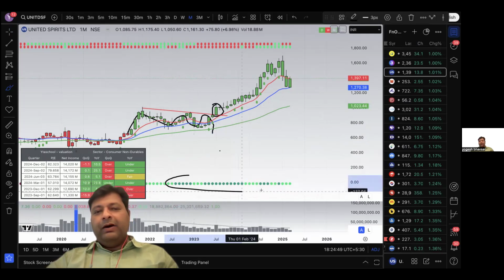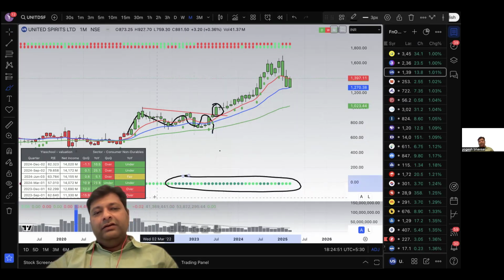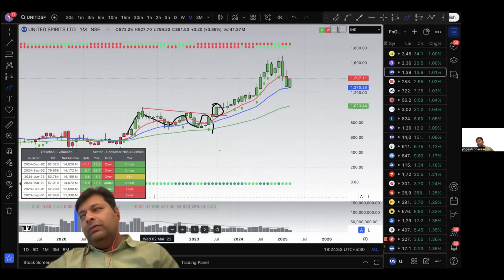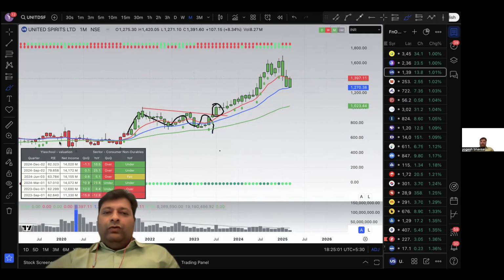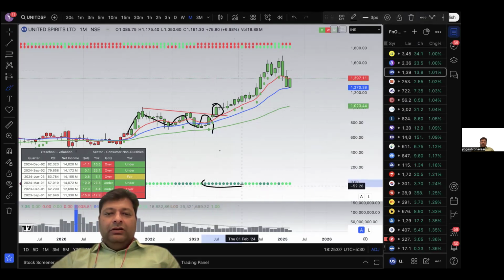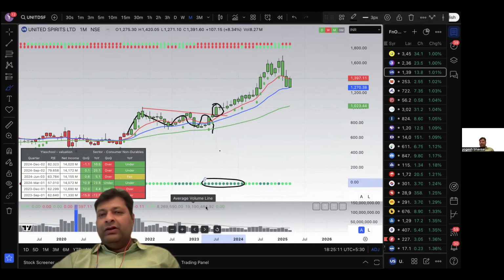Because we see the power of the buyers is there. So the bullishness is still there. The buyers are not letting the sellers take over. What happens when it gives the breakout? Can you see the dark green dots have already started appearing over here.